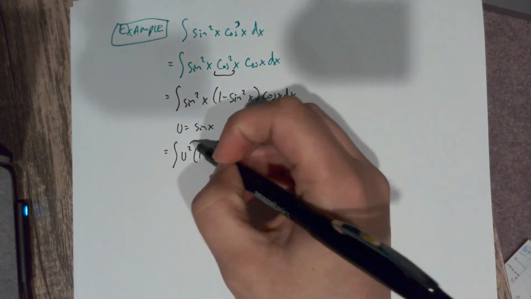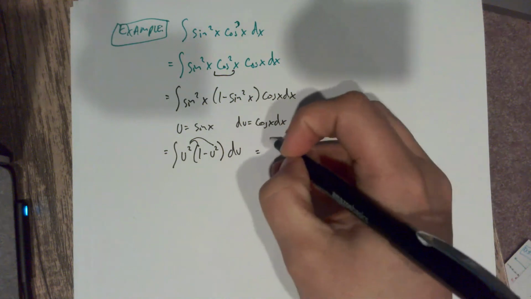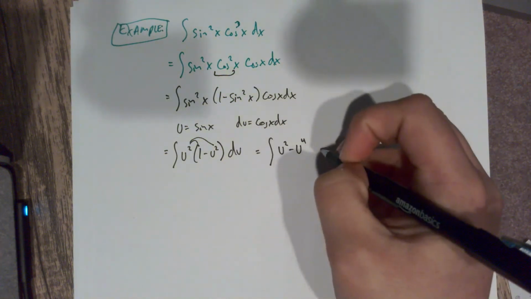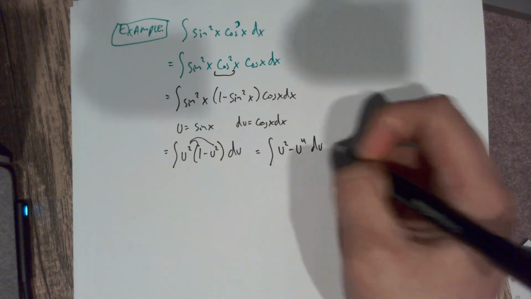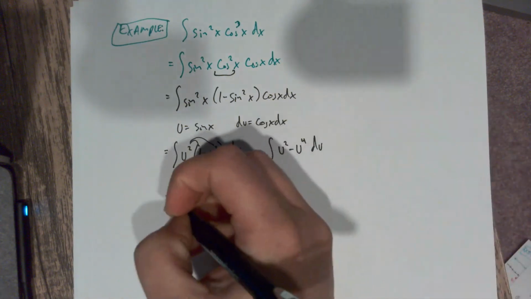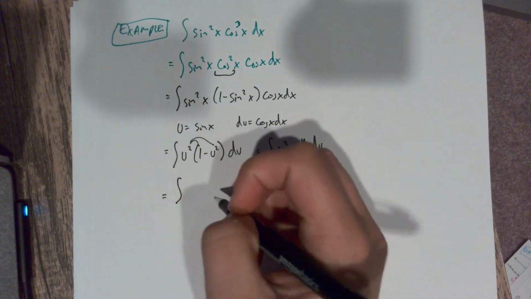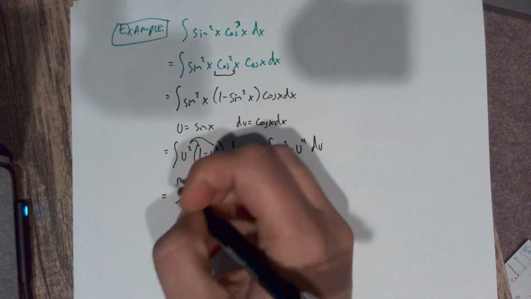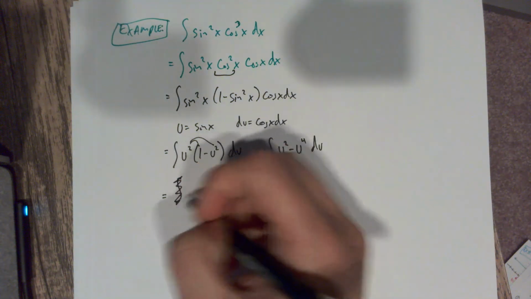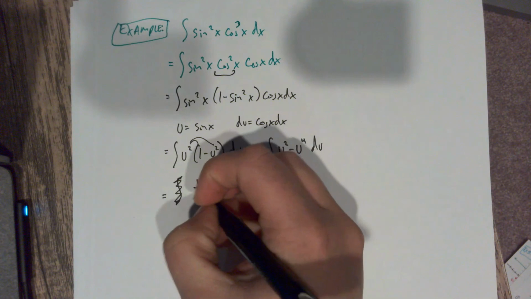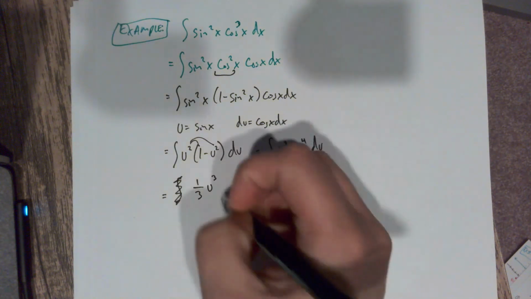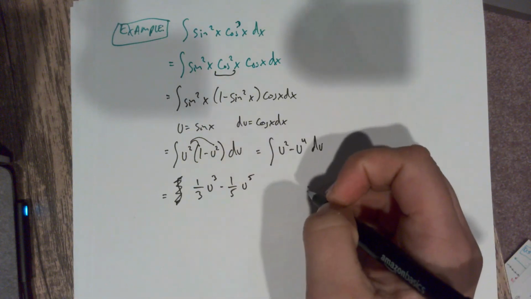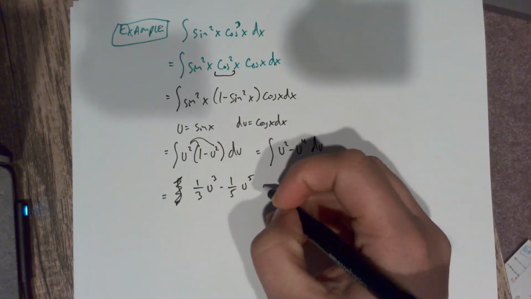Then all I have to do is distribute this u squared in. So we get u squared minus u to the fourth, which then I can integrate right where we are here and get 1/3 u to the third minus 1/5 u to the fifth plus c.